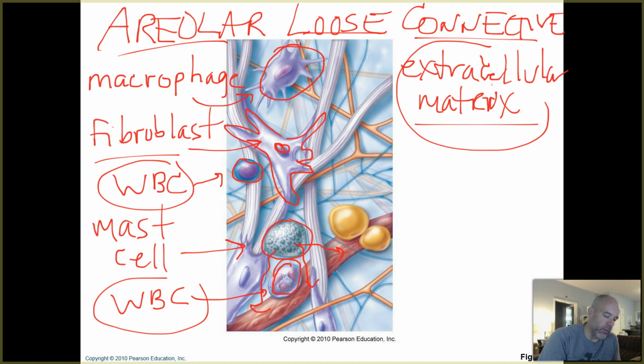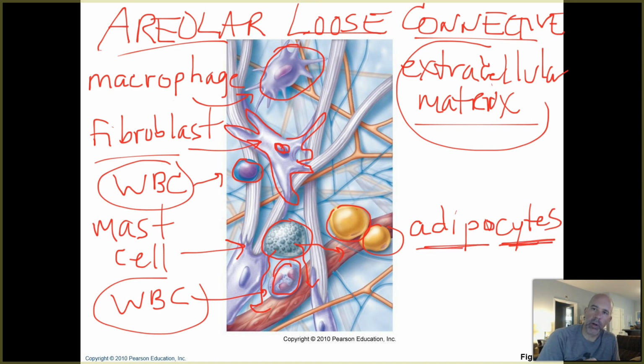Some other cells over here, these are fat cells, which are called adipocytes. Cyte means cell, and adipose is a term that refers to your fatty tissue. So those are some of the various cell types that you would see in many of your connective tissue proper.